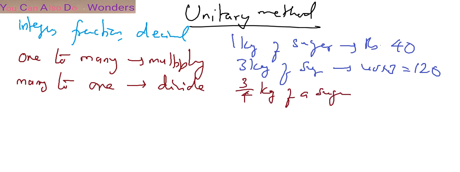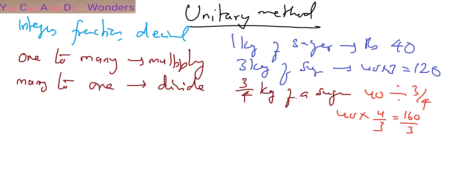So should we divide in this case? See, if we divide, what will happen? 40 divided by 3/4 is 40 into 4/3. So you'll get more than 50 rupees. Obviously it's wrong, because 1 kg itself is 40 rupees. How can less than 1 kg be 50 rupees?